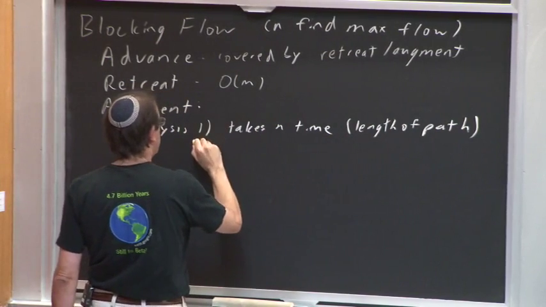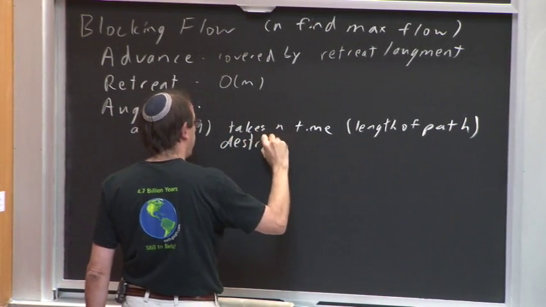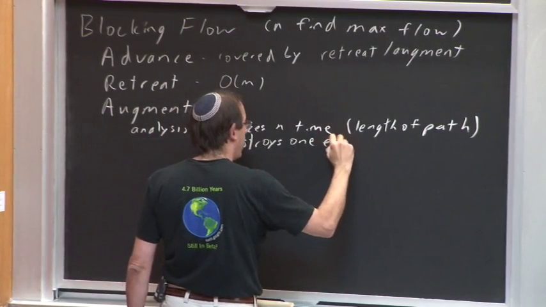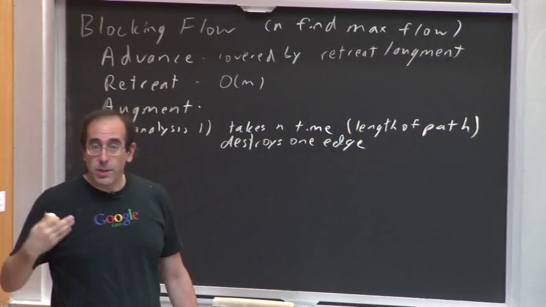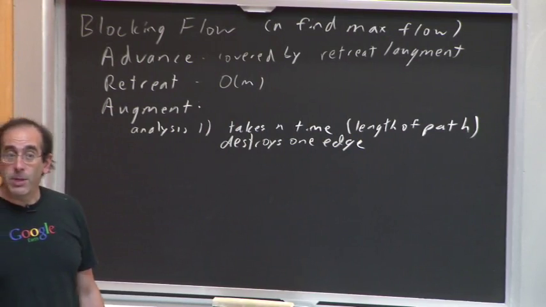And it destroys one edge, because it saturates it. So it saturates one edge in the admissible graph.